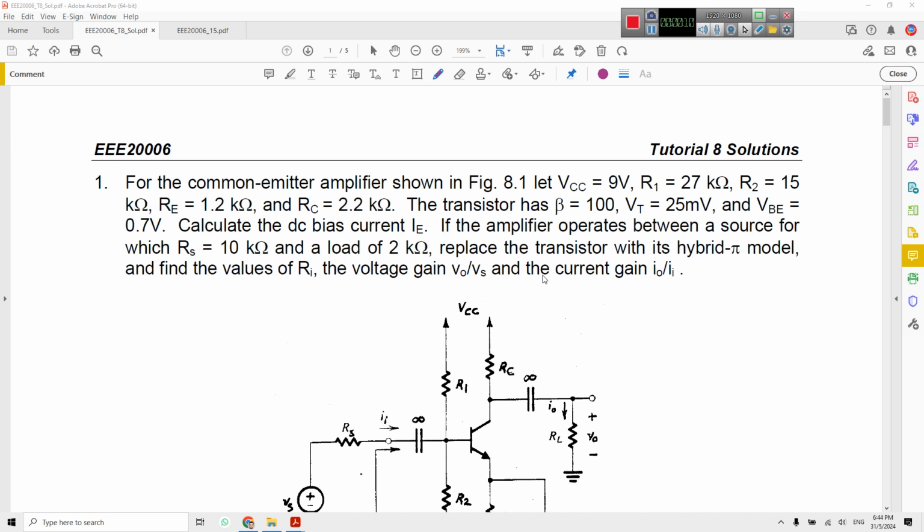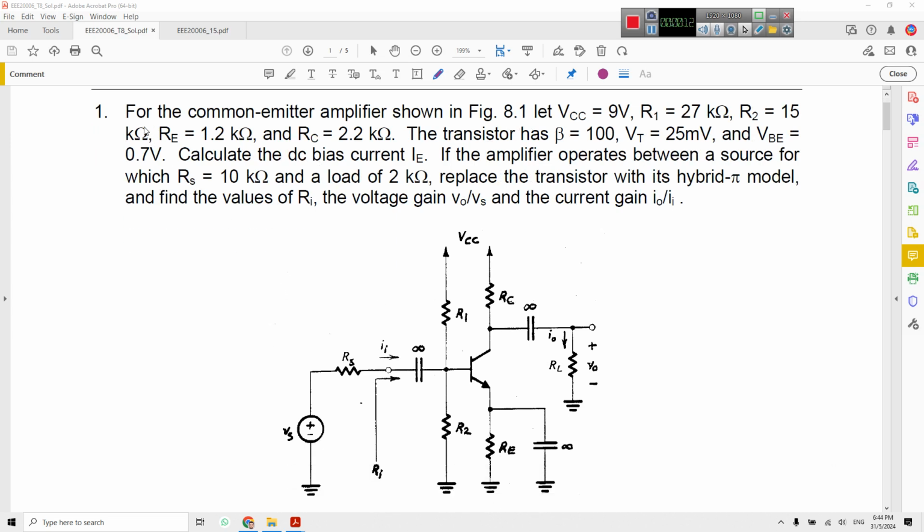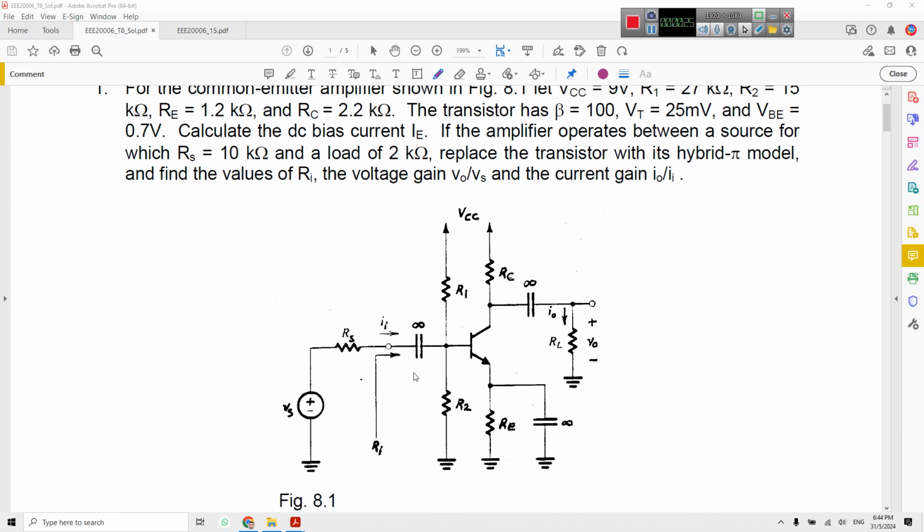Here we are going to cover question 1, which is for the common emitter amplifier shown in this figure. VCC, R1 and R2, all the values are given here. Beta is 100, VT is 25 millivolt, VBE assume 0.7.